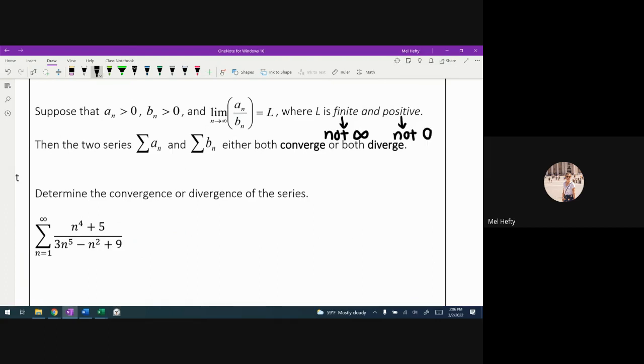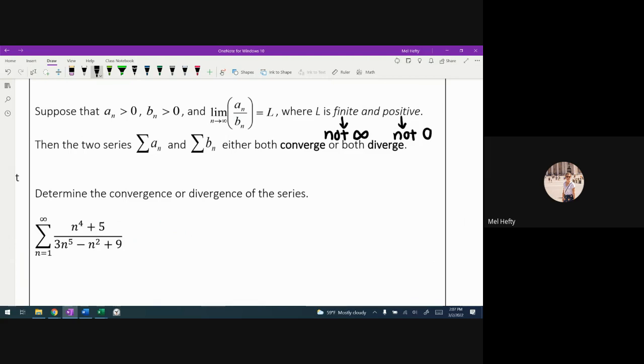So if you're doing this test right, you should be getting something that is not infinity and is non-zero, finite and positive. The what if of, what if I do get infinity? What if I do get 0? That means you did something wrong. That means you chose the wrong thing to compare it to. Don't worry, that happens basically never. But that's user error there.